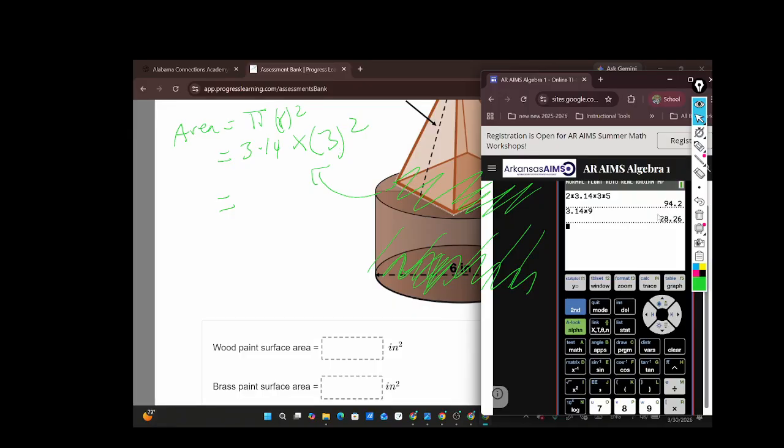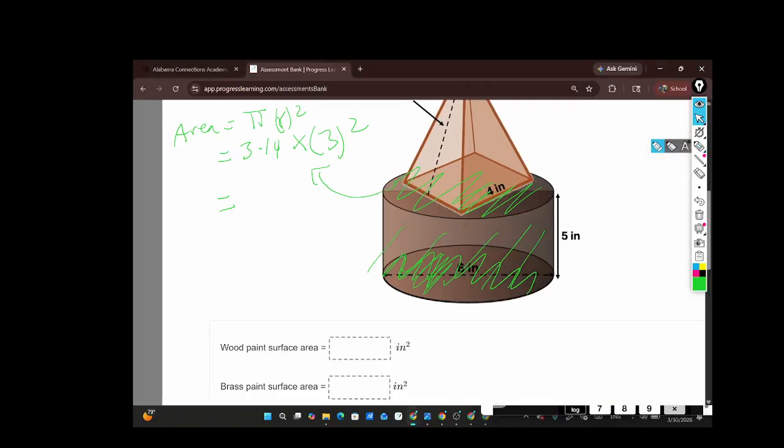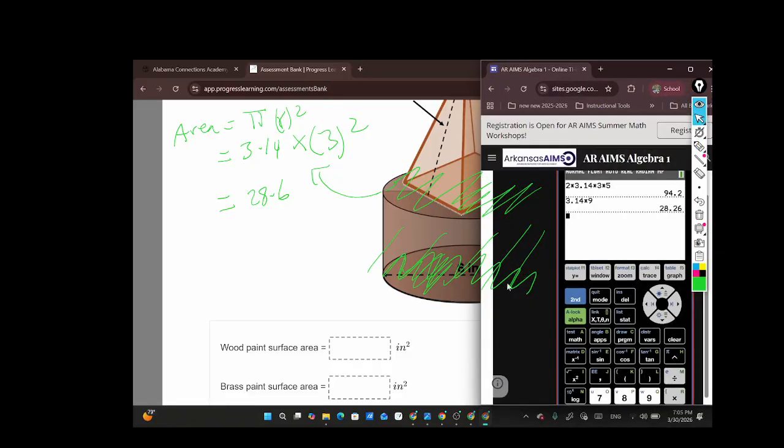We have the previous number, the lateral area, which is 94.2, and the area of the top, which is 28.26. Now let's find the whole surface area.